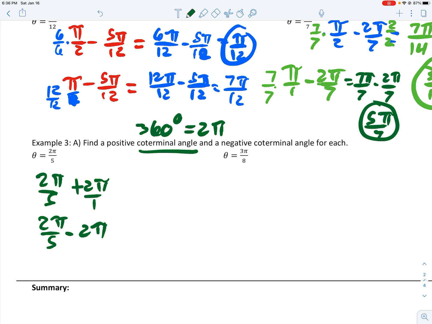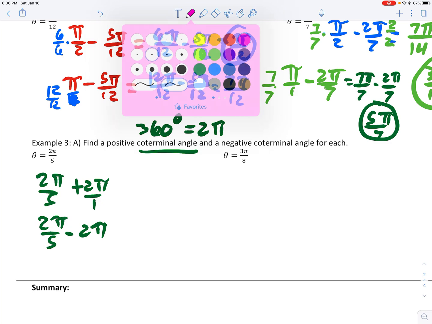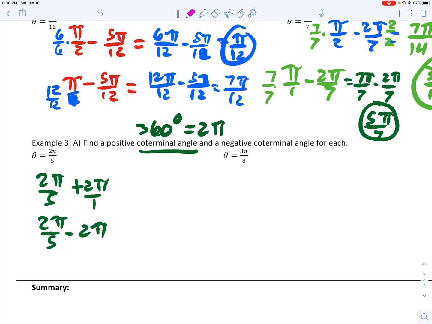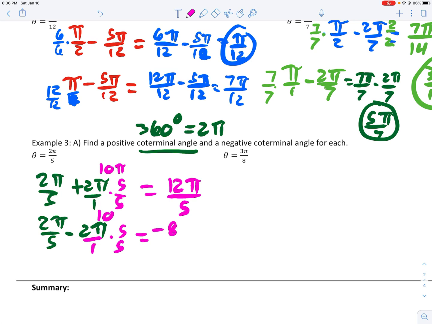So this is a little bit more work than degrees because you have to have the same denominator. So I'm going to multiply by 5. So this would be 10 pi plus 2 pi is 12 pi over 5. So this needs a 5. So this is 10. So 2 minus 10 is negative 8 pi over 5.